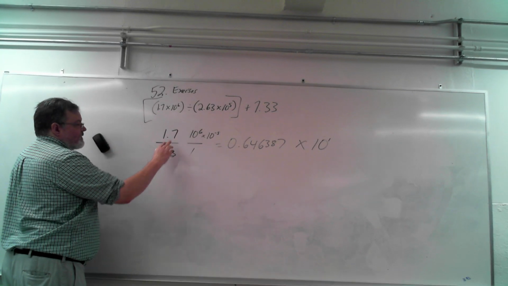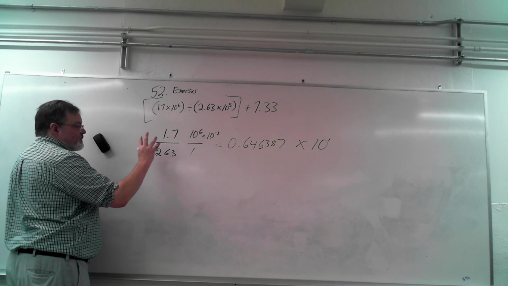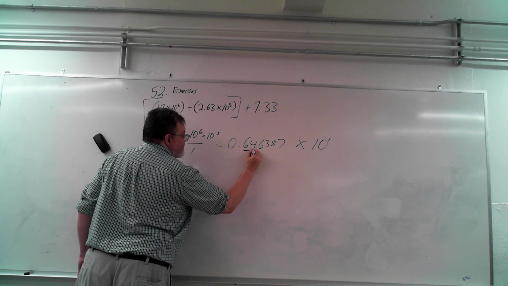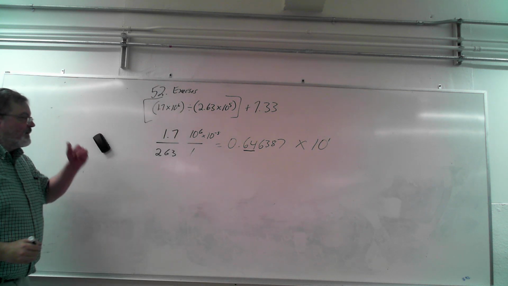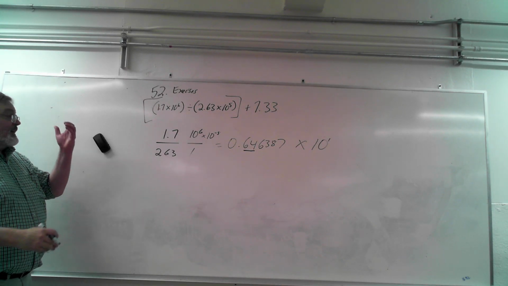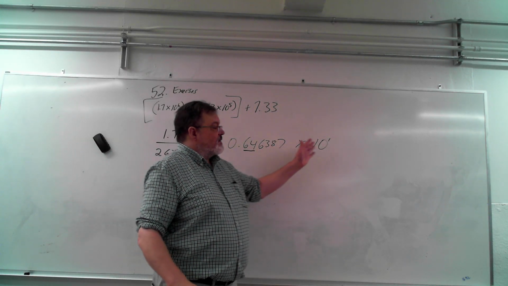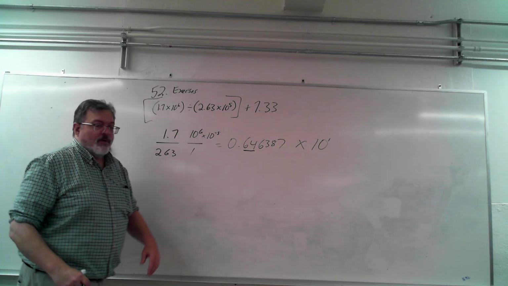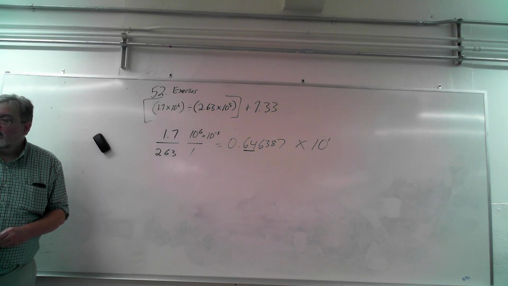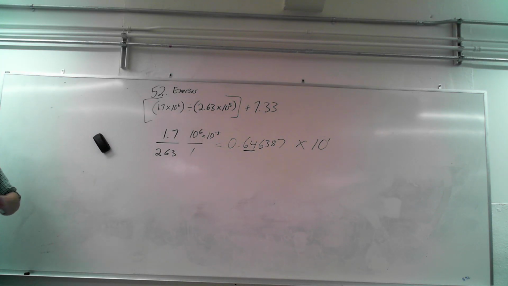2 significant figures, 3 significant figures. This was multiplication division, so it's really just those two that are significant. I think the rules tell you to keep all the digits that your calculator gives you. I think keeping 4 is going to be plenty. It'll come out the same way.